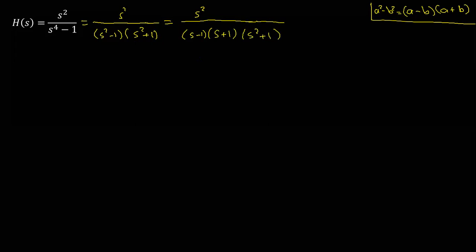But unfortunately, till now, I don't have forms similar to my table. So what should I do? We can apply partial fractions here. Great. So I'm going to write here A over S minus 1, plus B over S plus 1, plus C. What do you think about the numerator of this one?